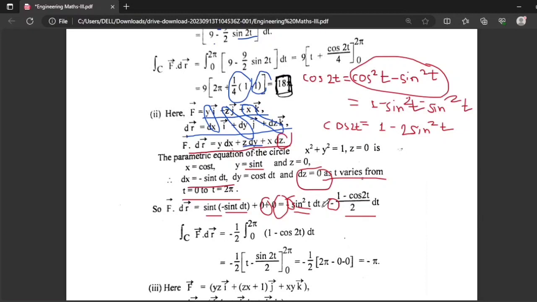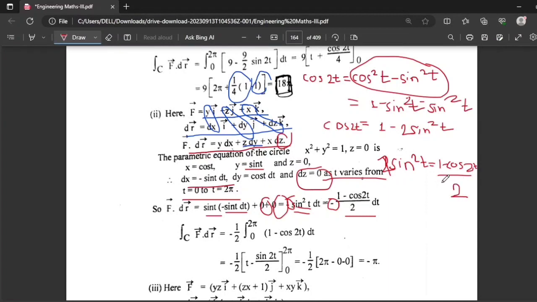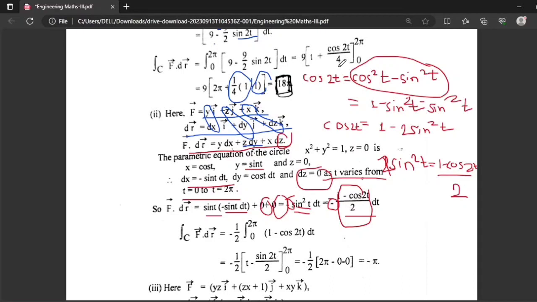Now we need sin square t, so taking this to the left hand side, 2 sin square t is 1 minus cos 2t, so dividing both sides by 2 we get sin square t is (1 minus cos 2t) by 2. If you remember this formula, then there is no need to derive it.